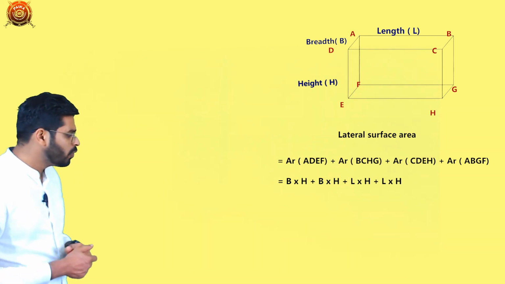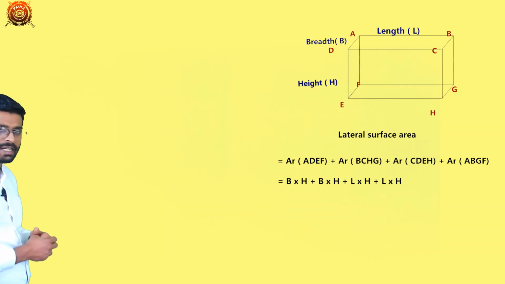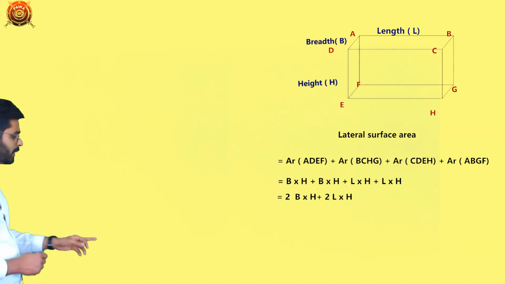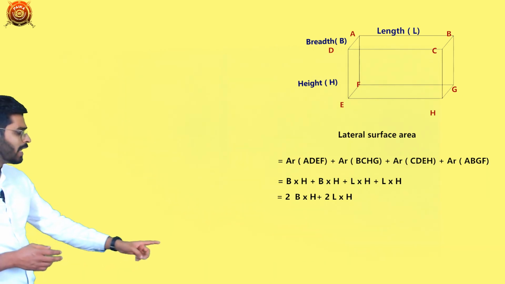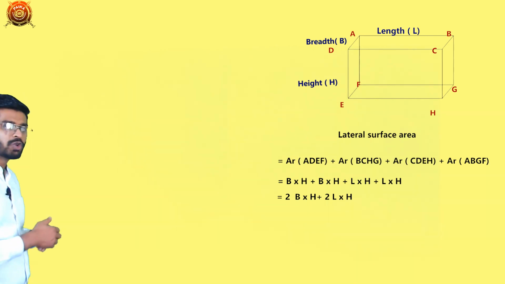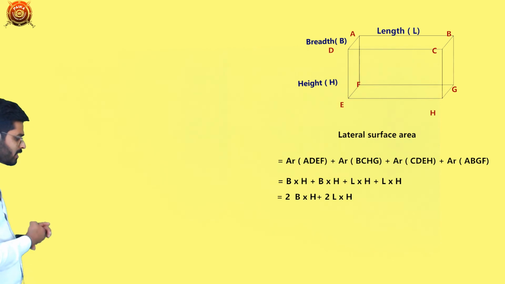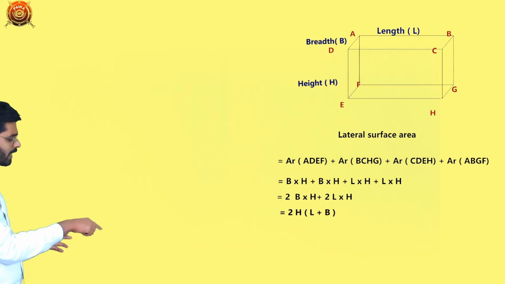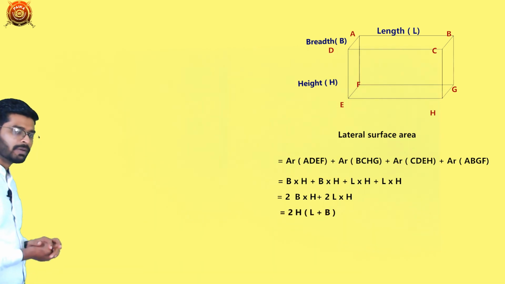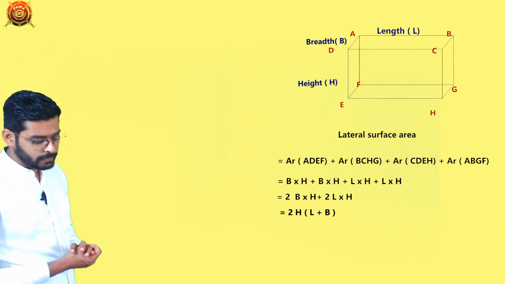So now students, if you add all these 4 areas, you get 2B into H plus 2L into H. So 2 and H are common on both sides, so we take them outside, we get 2H, and inside the bracket we get L plus B. So students, this is the lateral surface area of the cuboid.